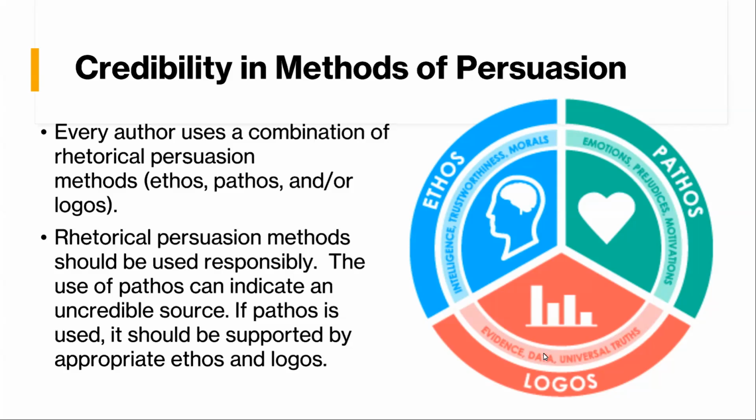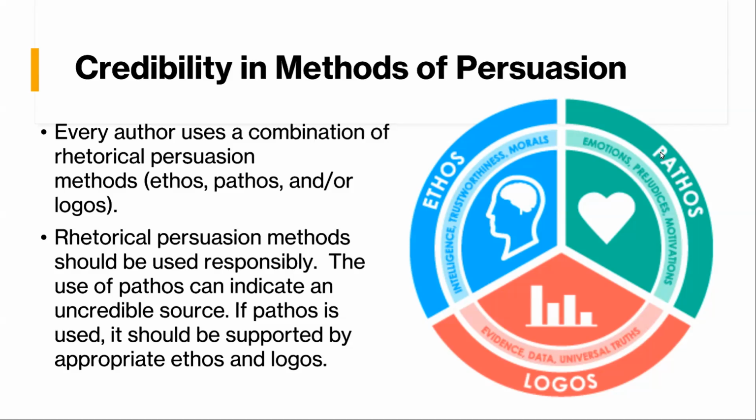So most of your academic sources should primarily be using ethos, which is the trustworthiness and the intelligence and the education level of the author, using evidence, data, and research to support their assertions, right? So any trustworthy, credible article is going to rely heavily on ethos and logos to communicate information and to persuade.